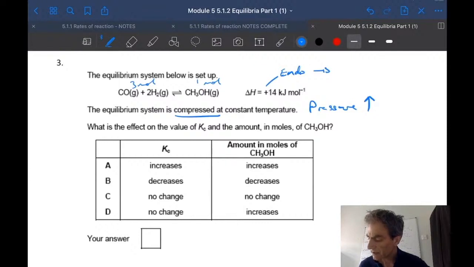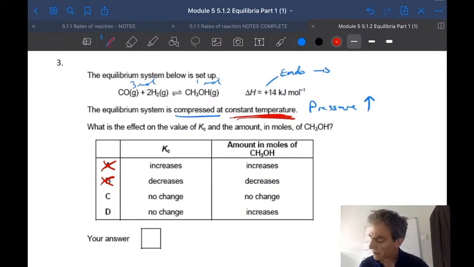Right, the first thing is constant temperature means that Kc must stay the same. So straight away, A is wrong because it's saying Kc increases, and B is wrong because it's saying Kc decreases. So we're left with C or D. It's the amount in moles.